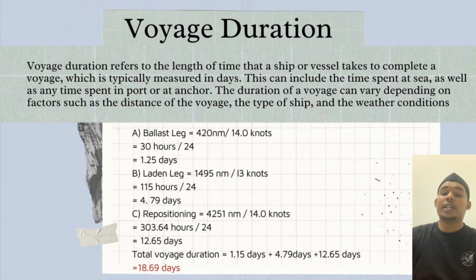Okay, for the next part, I want to explain how to calculate the voyage duration. You can look at the slide, A, B, and C. To calculate the ballast leg, you can look at the question: 420 nautical miles divided by 14.0 knots.